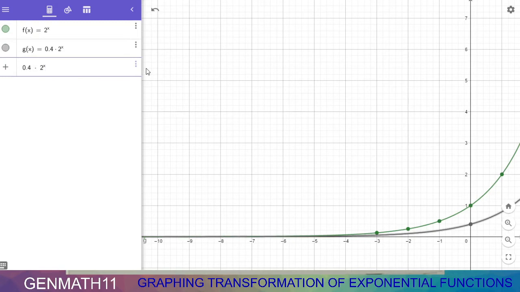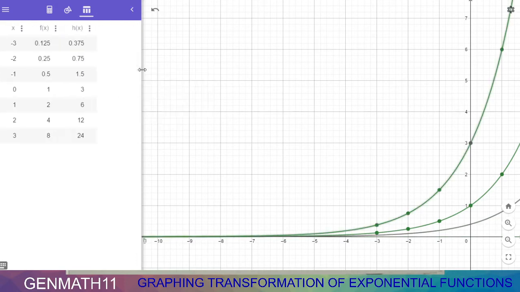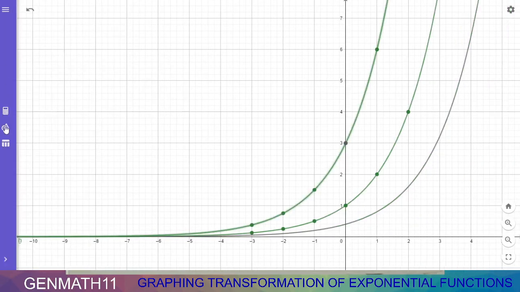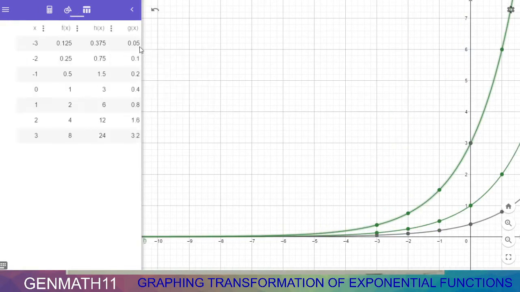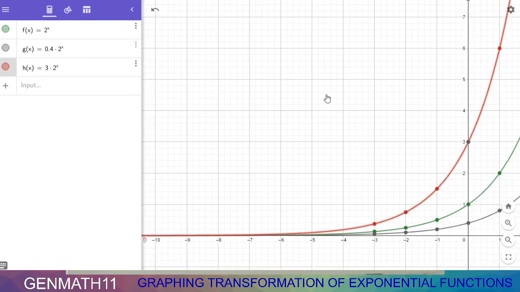Then, gawin lang natin tong 3. Then, lagyan lang natin dito ng table of values. Iba-ibahin lang natin ng kulay. Okay, palitan natin to ng ibang kulay. Yan. Red. Isa na may blue.